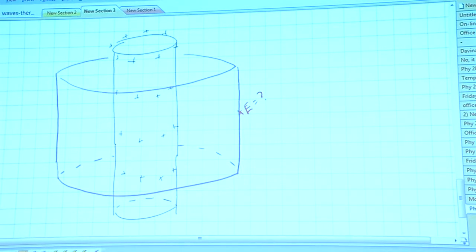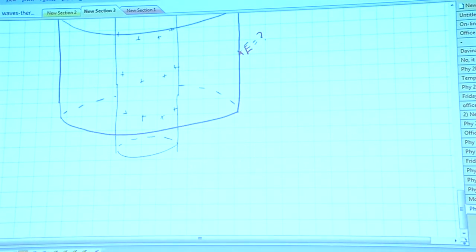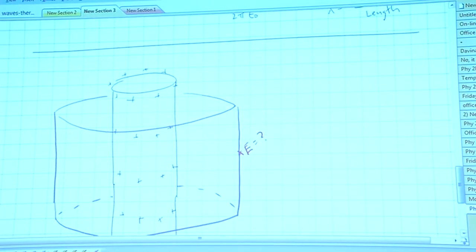You have the top, you have the bottom. The top and the bottom, do we get any flux through those? But what does the electric field look like?